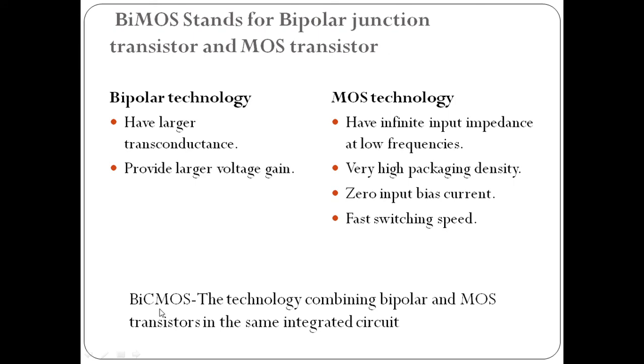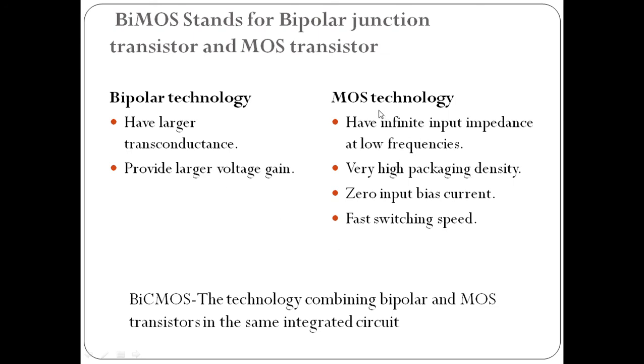That is, the advantages of both the bipolar and MOS transistor are made use of in the case of BiCMOS. Now let us look at the advantage of a bipolar junction transistor and the advantage of MOS technology. The advantage of bipolar technology is that it provides a very large transconductance and a very large voltage gain.